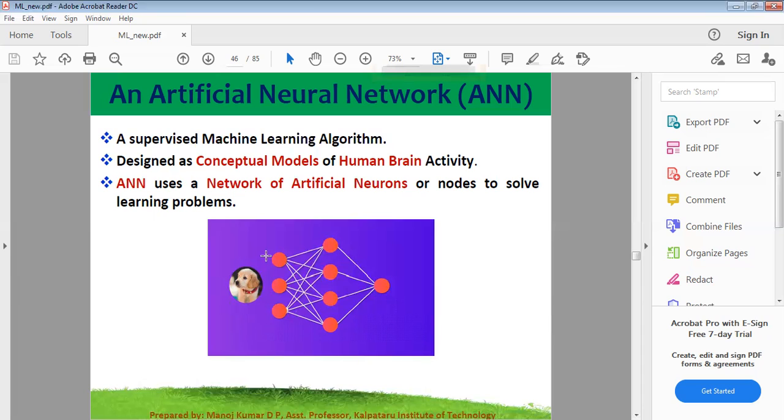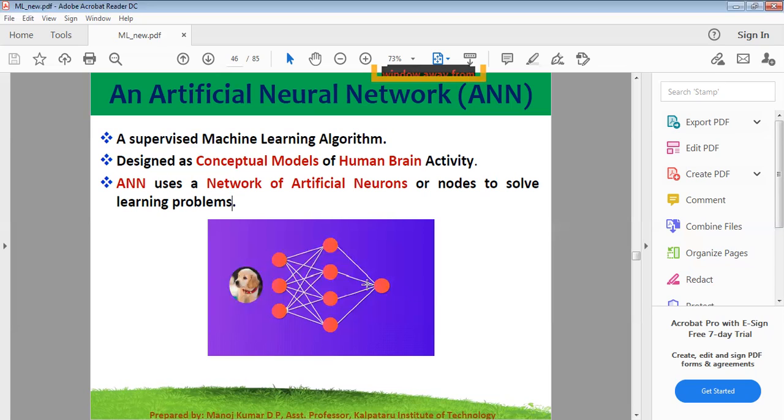At that time your prediction is not matching my answer. My answer is animal, but your prediction is dog. Dog is an animal, I can understand, but my answer is animal and you tell it is a dog.